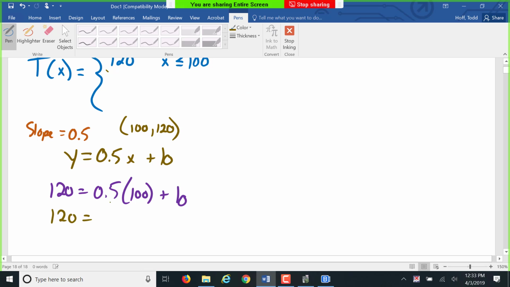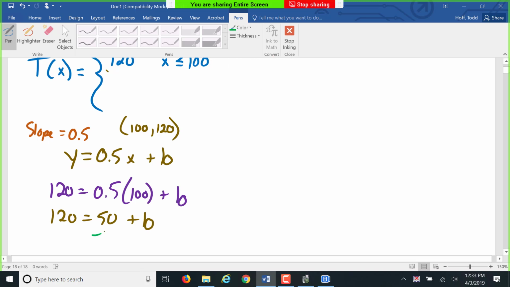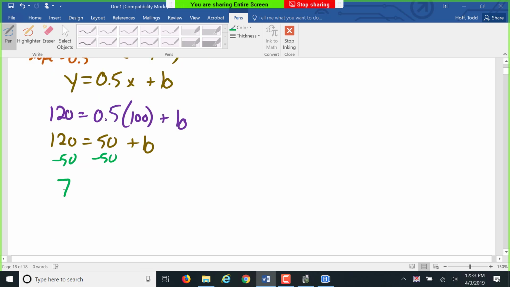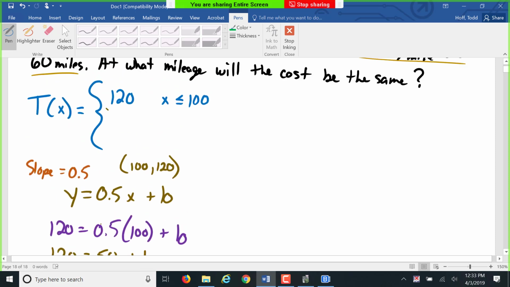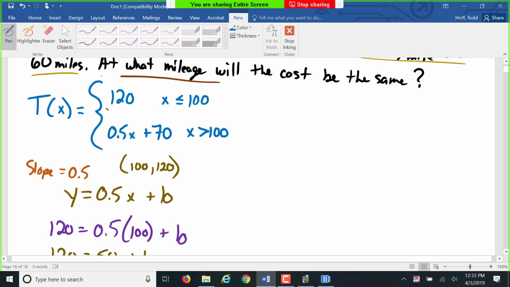So 120, 0.5 times 100 is 50, plus b, subtracting gives us b equals 70. So the equation is y equals 0.5 times x plus 70 if x is greater than 100 miles. That is the piecewise function for TM.